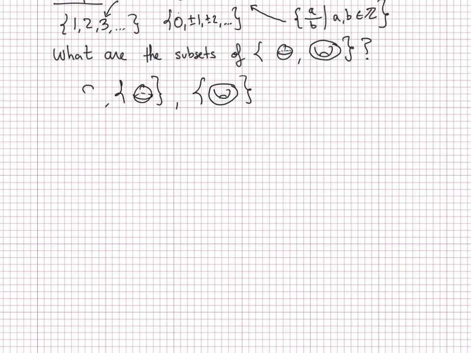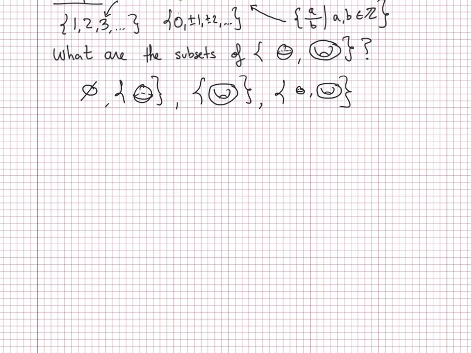So we said the empty set is always a subset of any set, and also the set itself is a subset. So if I write what are the subsets of sphere and torus, I have to include the set itself.